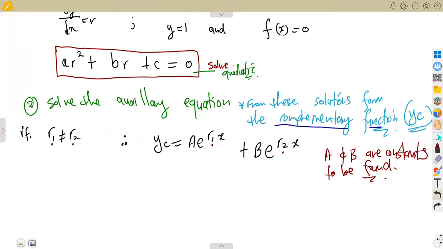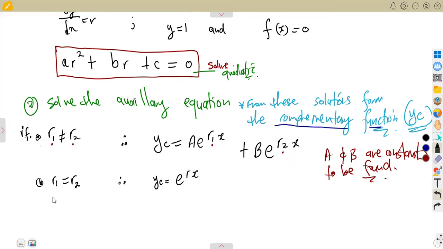What if we have a condition where these solutions are actually the same? We can have that. If R1 is equal to R2, the solutions are the same. Therefore, your complementary function is going to be presented by this equation, e to the exponent of Rx.